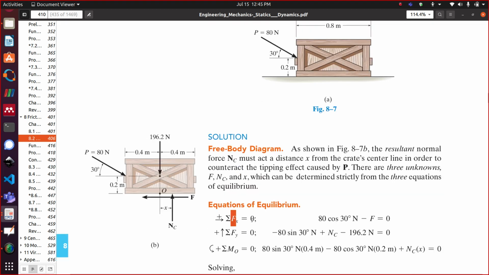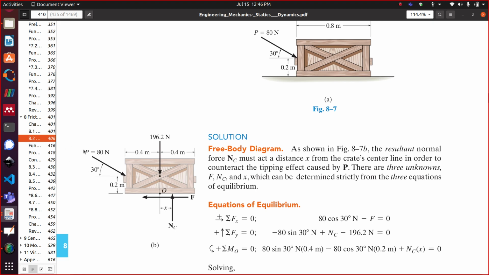Now one problem is that you don't know the point at which N acts. You don't exactly know at which point the normal force acts. Usually, if you don't have this external force, you can assume that the normal force acts at the center.